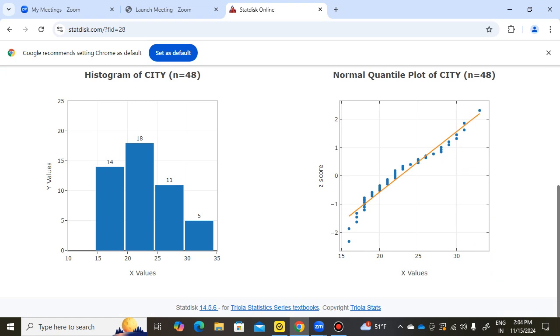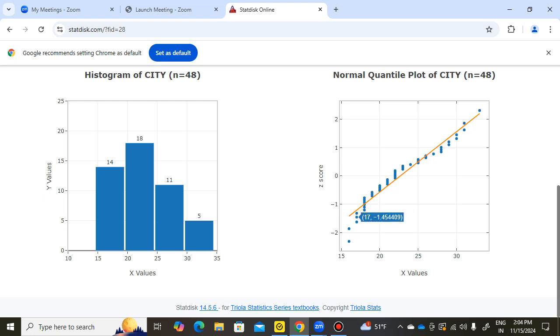Okay, so the histogram is somewhat of a bell curve. It's close enough to keep going with this. The normal quartile plot, you have to be careful with this. There's a lot of plot points that are the same values, so it's going to be kind of like in these lines.